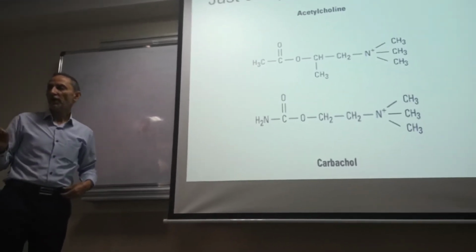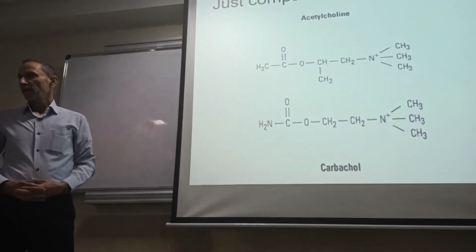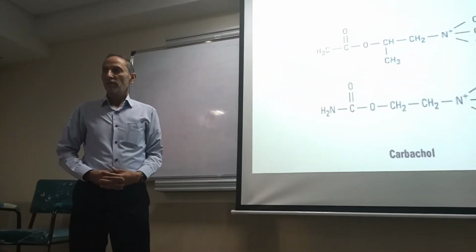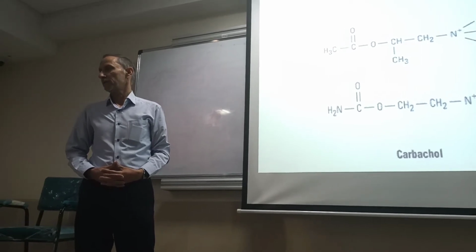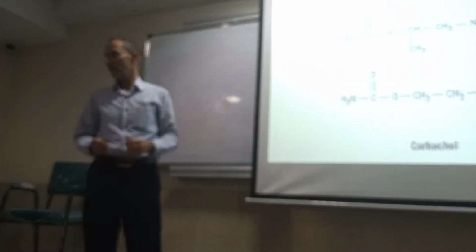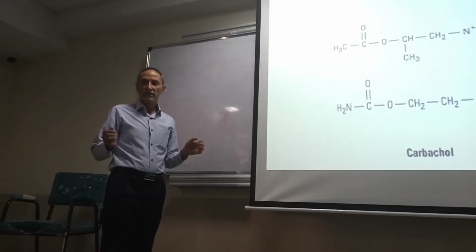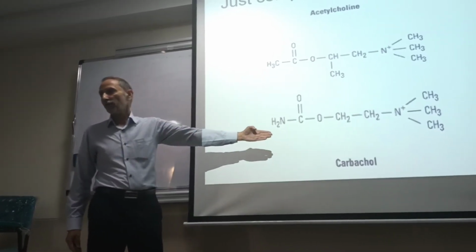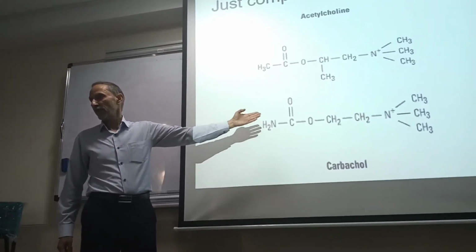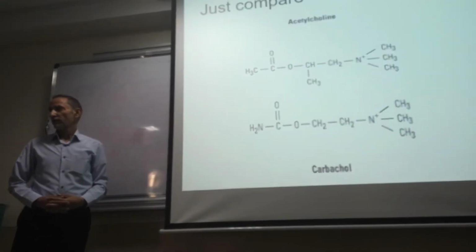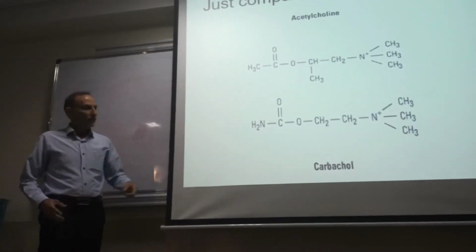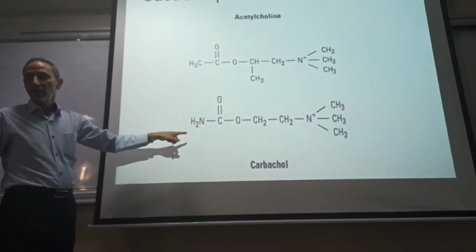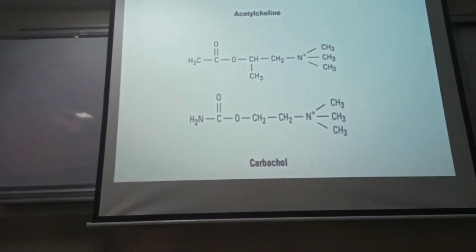You know that the half-life of acetylcholine is very short due to the action of acetylcholine esterase. We have an enzyme that degrades acetylcholine. This one has a long half-life and is resistant to the action of the enzyme. So you see that only a small change has produced some differences.